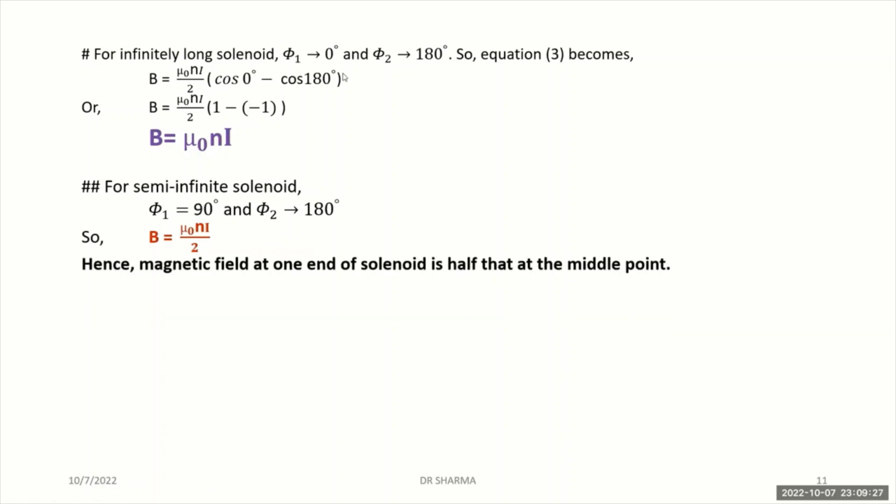Check these two expressions. What are these expressions saying? The magnetic field at one end of the solenoid is half of that in the middle of the solenoid. Again, I want to remind you to remember those results for some theoretical or numerical problems.